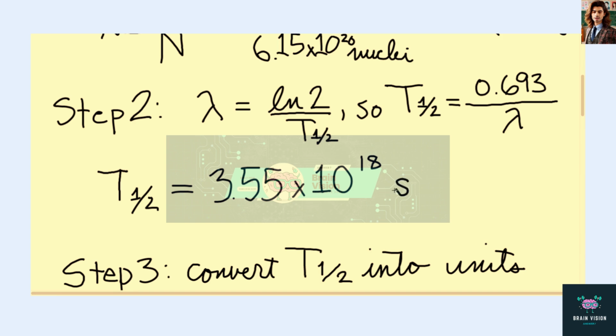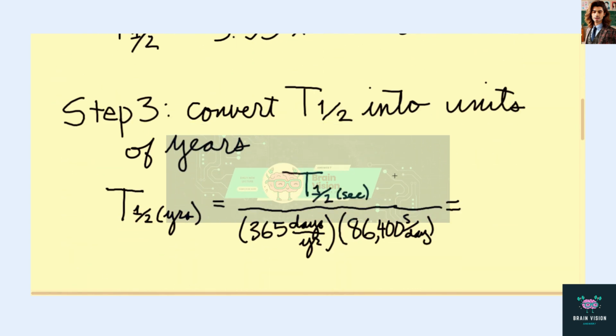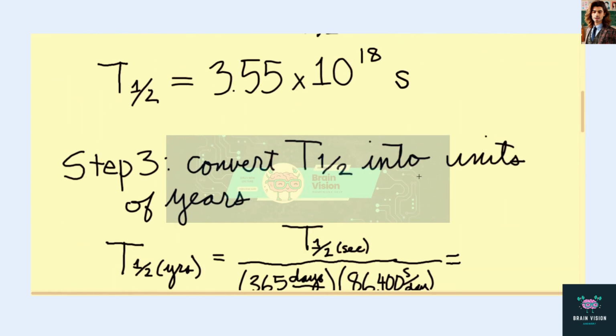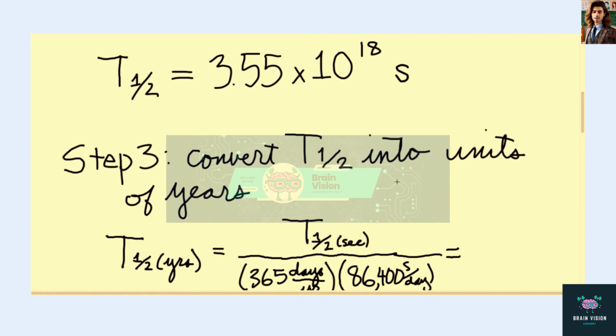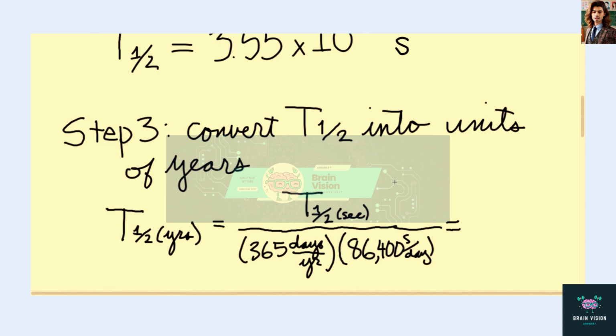Seconds. That is a big number, so it'd probably be a little less unwieldy for us to convert it to years. To convert seconds into years, we have to find out how many seconds there are in a year and divide by that number. I do it as follows. There are 365 days in a year, and there are 86,400 seconds in a day.